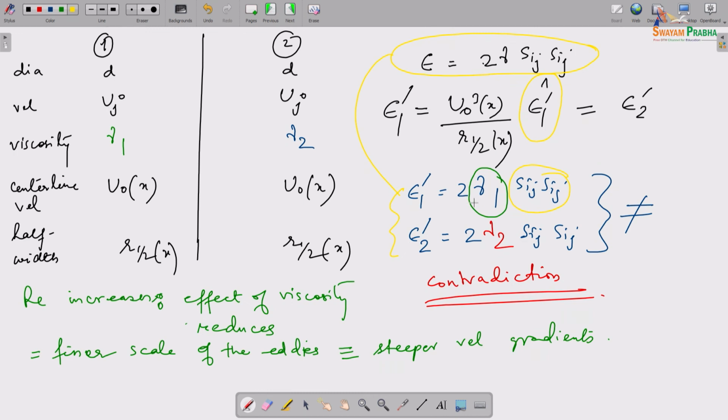If the nu here decreases a little bit, then the Sij part is increasing correspondingly, so that the value does not change. Similarly for epsilon 2 dash. So that is where we essentially cross this out, and say that these two are this. I think that's all I have so far.